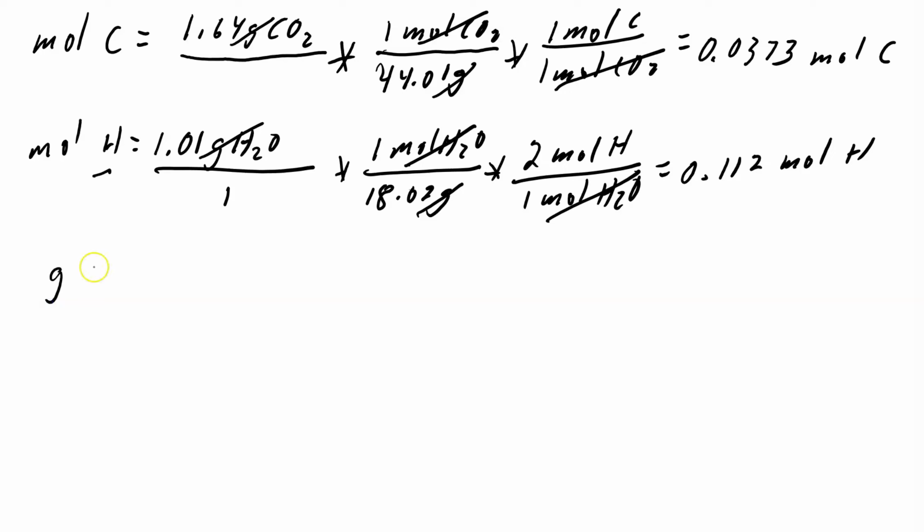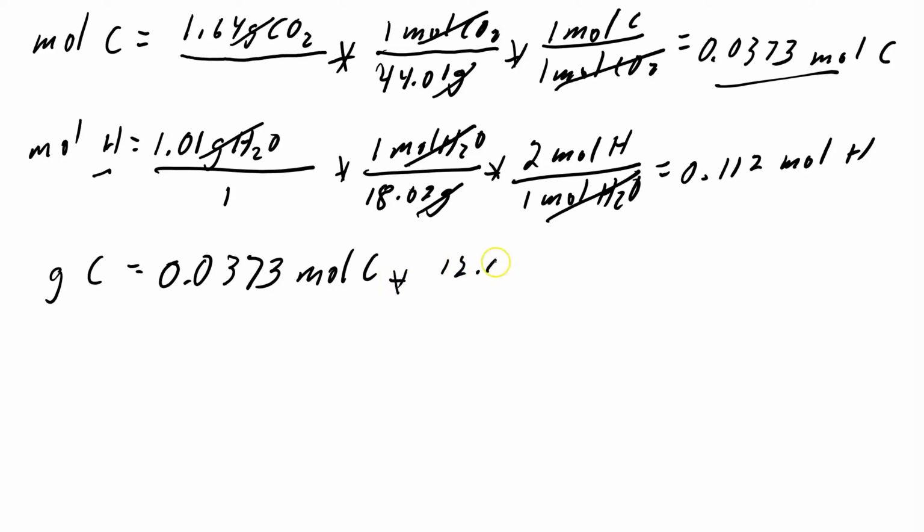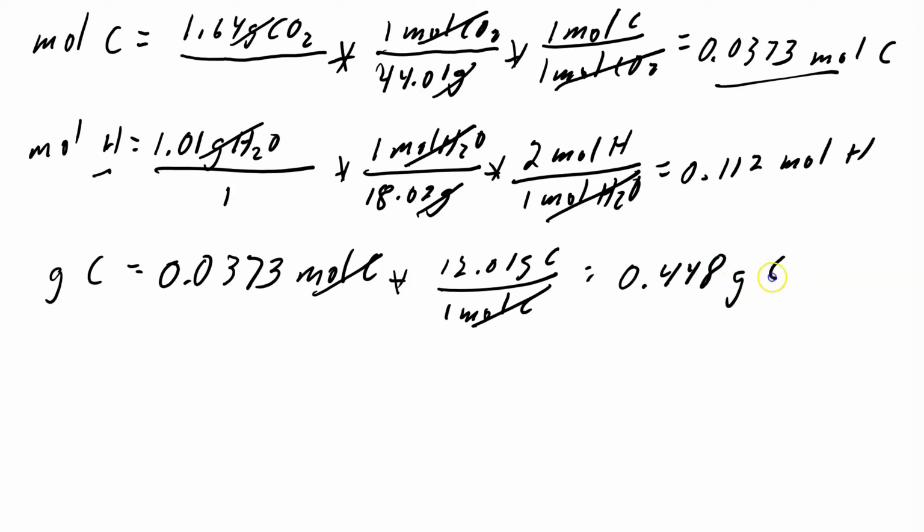So grams of carbon is going to be equal to 0.0373 moles of carbon, that is to say the number of moles we just calculated, times the molar mass, 12.01 grams of carbon in 1 mole of carbon. Moles of carbon cancel. When I do the math, I get 0.448 grams of carbon in this compound.